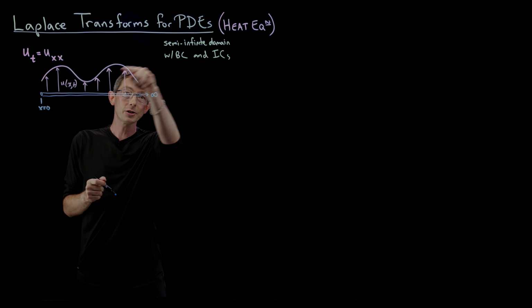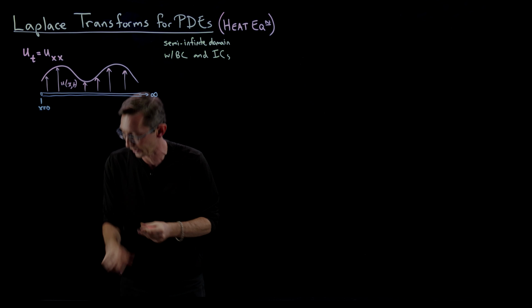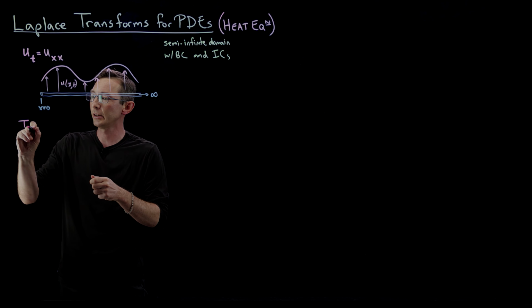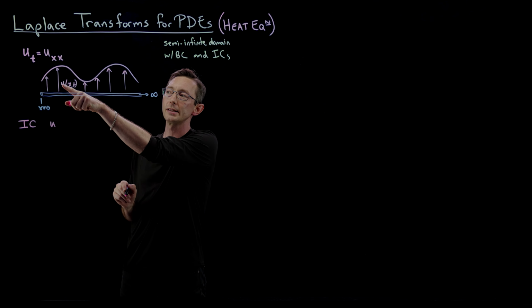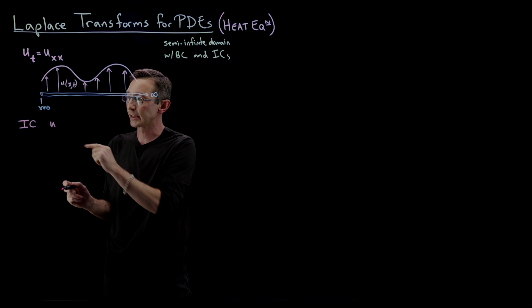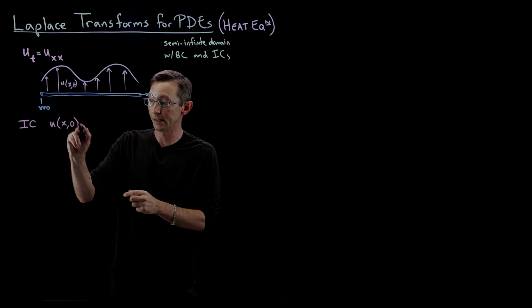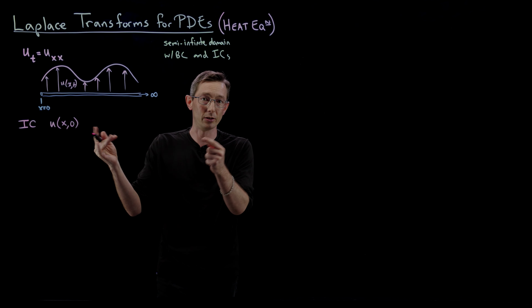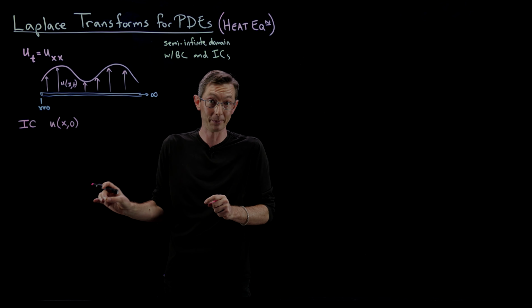And we have an initial condition, some initial temperature distribution. Maybe I'll write it down. u is the temperature at every location x at every time t. And so our initial condition is u at every point x at time 0. I'm actually going to solve this for a specific initial condition and for a specific boundary condition.